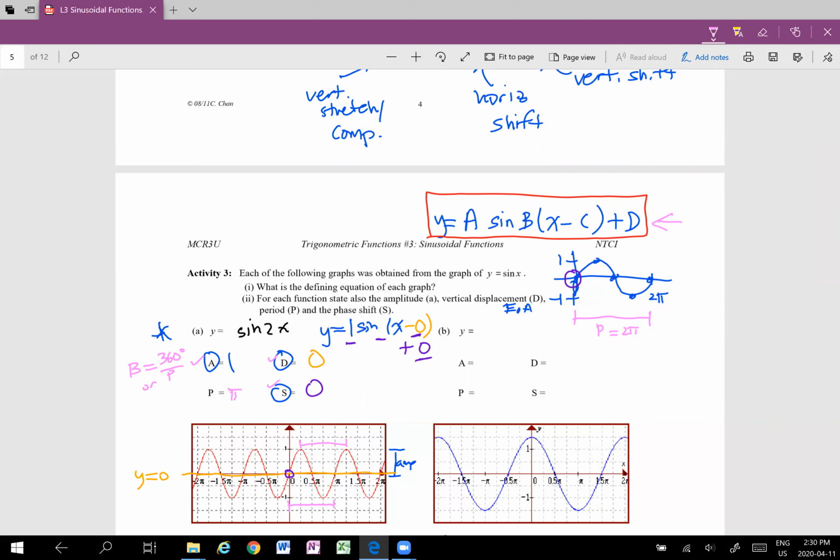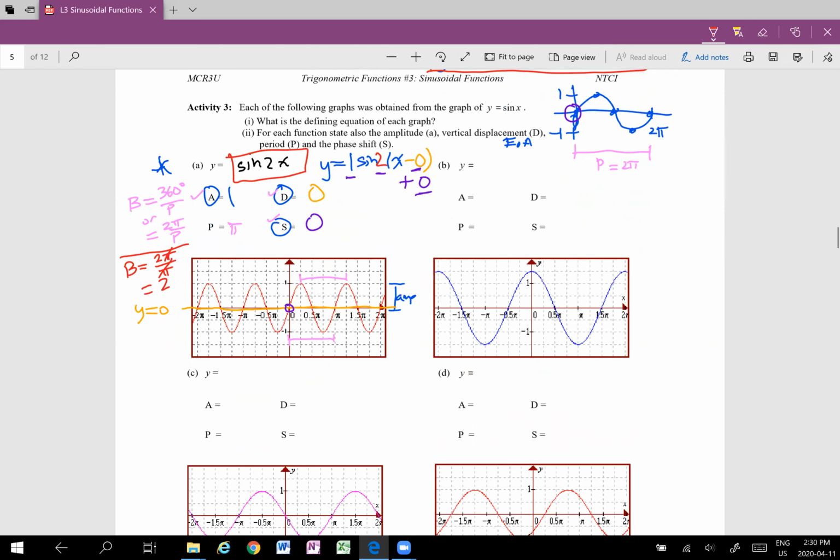But since we're dealing with radians, we'll do 2 pi over P. So in this example, the B value is going to be 2 pi divided by pi. Pi divides that pi, and that's why we get 2. And that is why this is the answer.